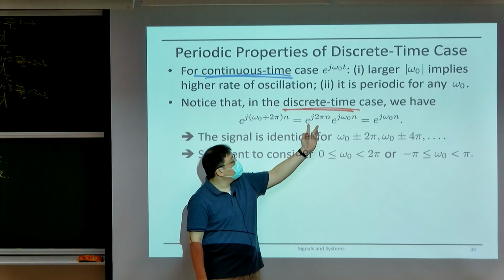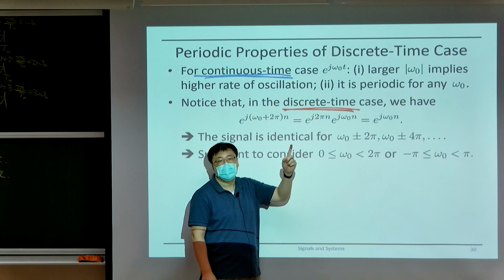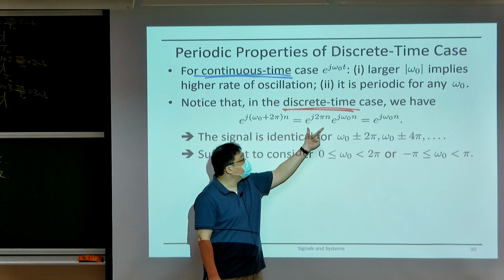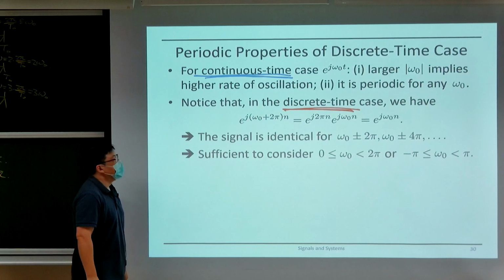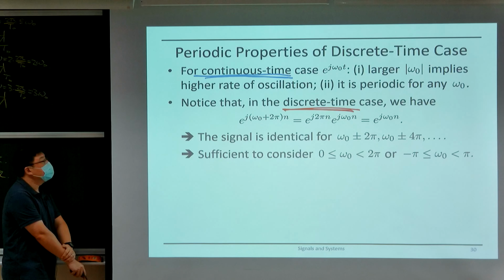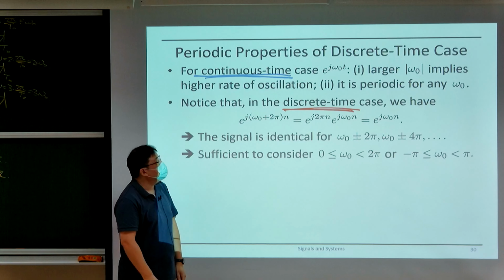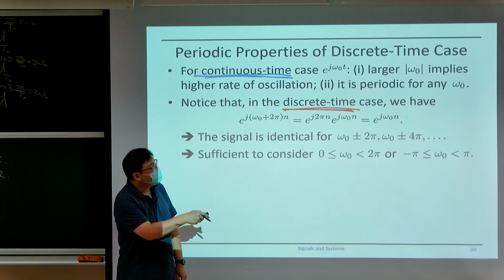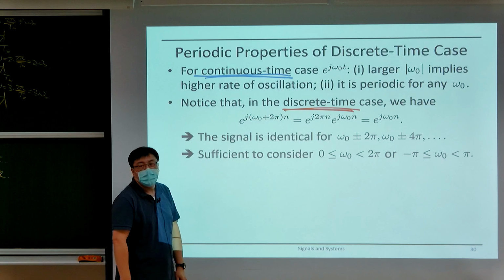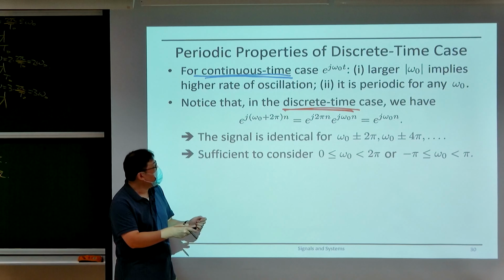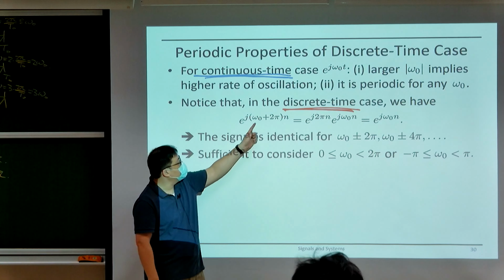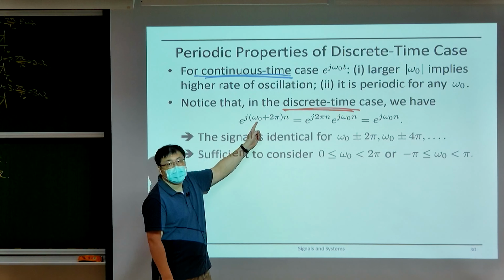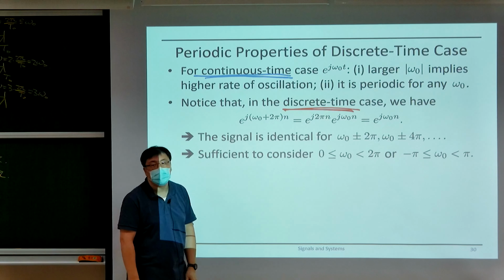And e to the j 2 pi n is always 1, so this is just e to the j omega naught n. What does this imply? This complex sinusoid behaves exactly the same as the complex sinusoid with frequency omega naught plus 2 pi.